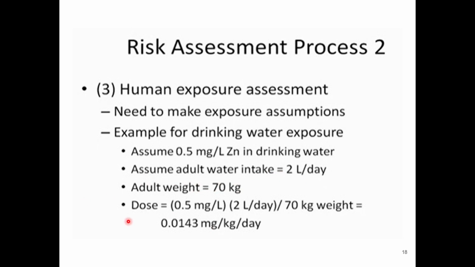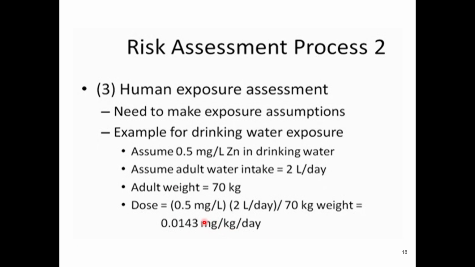So how do we calculate dose? We multiply the concentration by the intake and divide by body weight, which gives milligrams per kg per day. If we multiply 0.5 by 2 and divide by 70, we get 0.0143 milligram per kg per day. That is the dose.